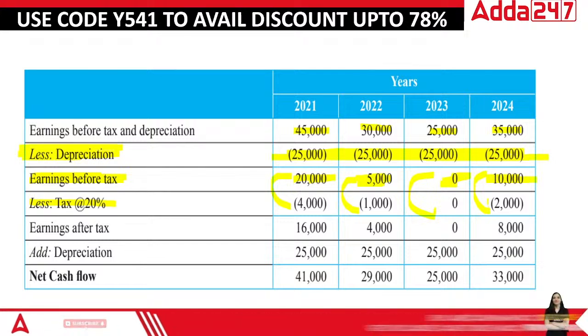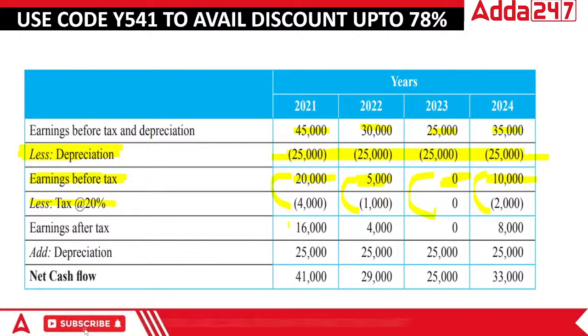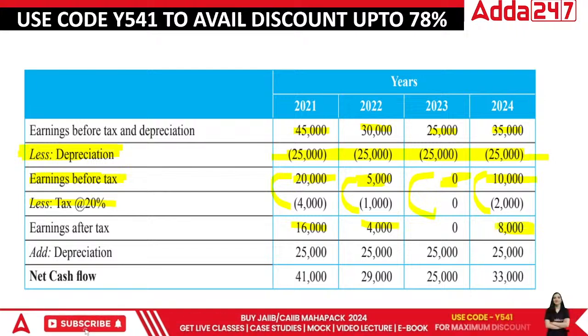Now, earning before interest and tax. This is positive, this is less positive, and this is also less positive. This is your earning before interest and tax.